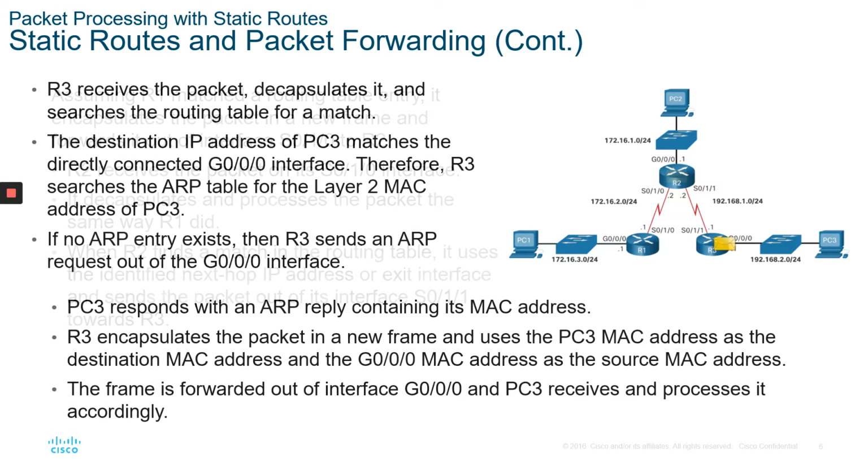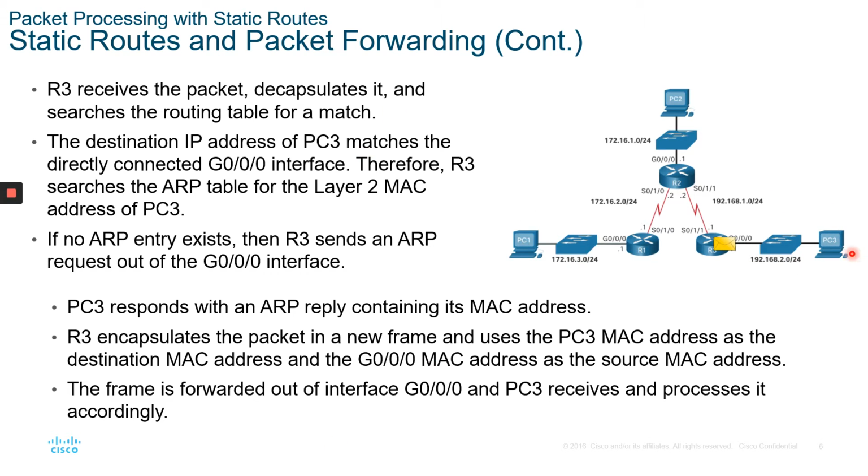Once you send it to R3, it's going to do the same thing again. It's going to de-encapsulate the packet, and it will again search the routing table for a matching address. In this case, R3 will find that it has the matching address in the routing table, and this is a directly connected computer or device.